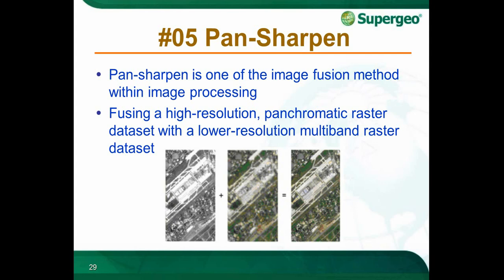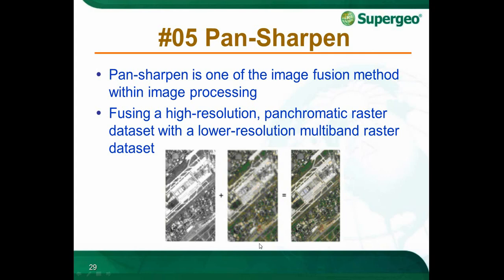What it actually does is fuse a high resolution panchromatic raster dataset with a lower resolution multi-band raster dataset. You can see this one is high resolution; the spatial resolution is much higher within this. You can see just a white and black panchromatic raster dataset.